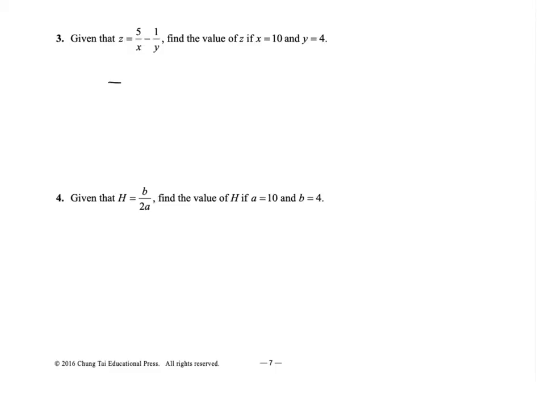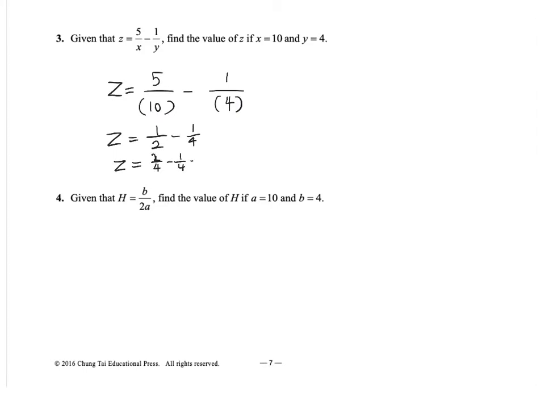For this one, you have z equals to 5 over 10 here, minus 1 over 4 here. So you have z equals to 1/2 minus 1/4. Okay, like this. So you have 1/4 at the end.